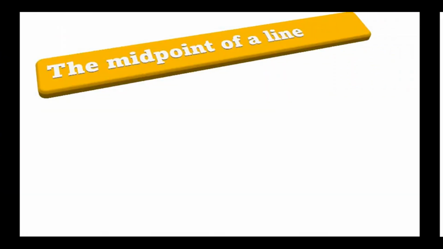So now let's have a look at the midpoint of a line. The midpoint of a line is defined as the point that is halfway between the two endpoints of a line. What does this mean? Take 2 points on a Cartesian plane, and you want to determine the midpoint of these 2 points.